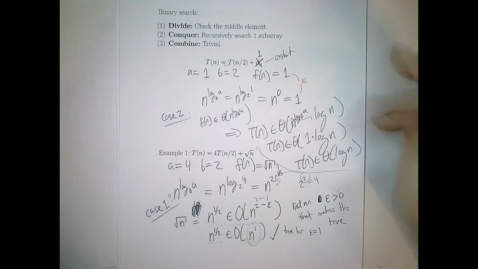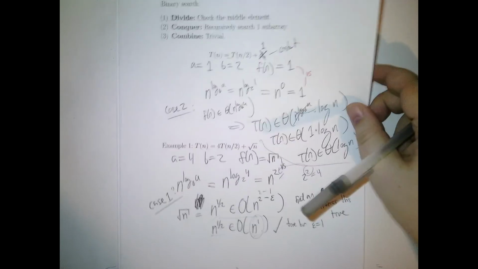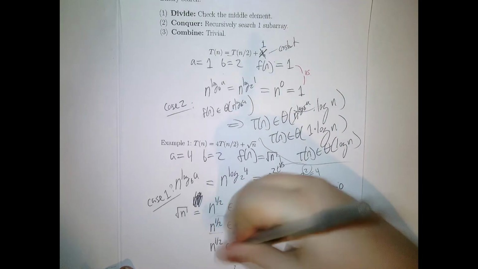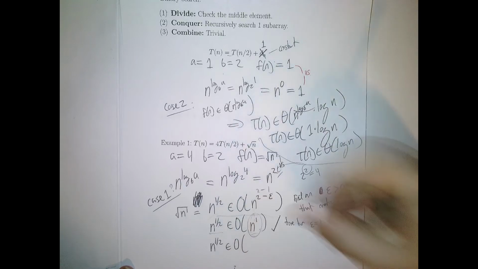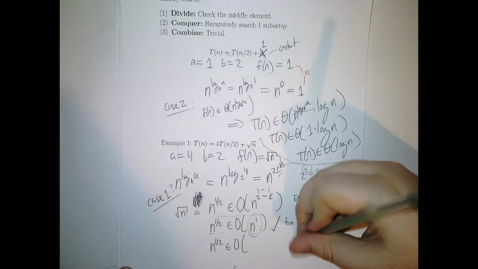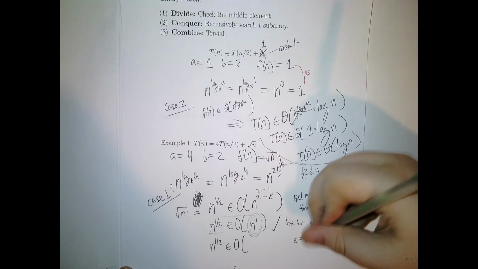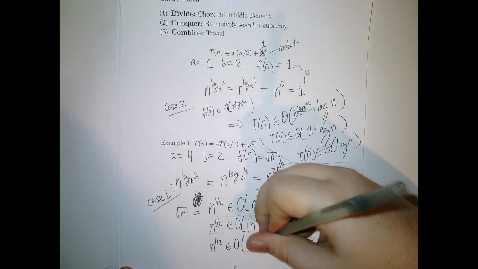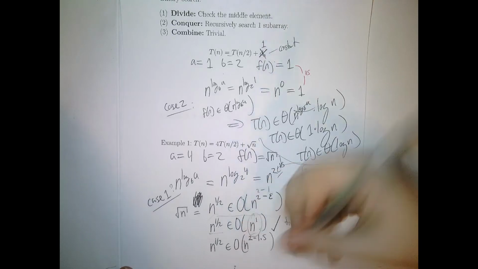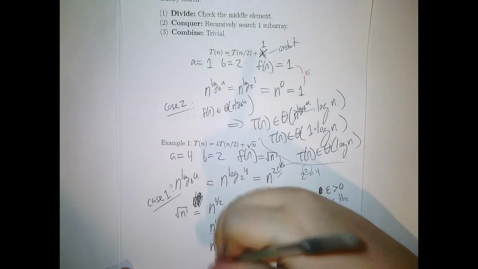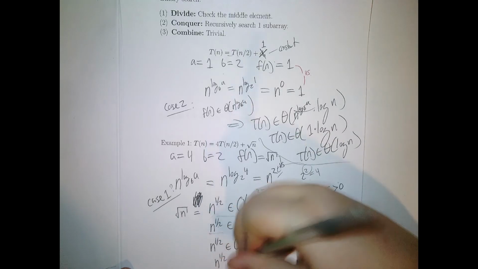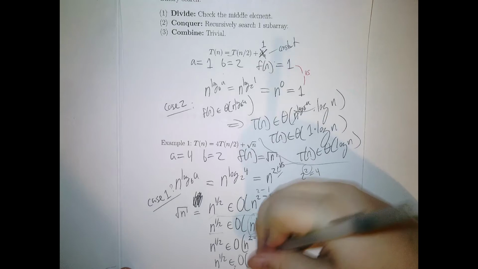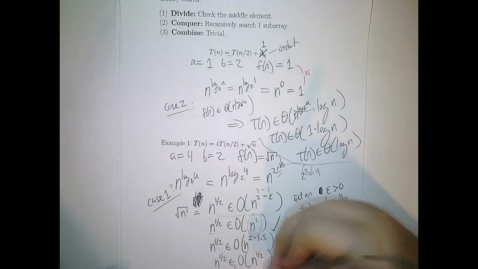But you can make it even easier on yourself. We could just think about choosing epsilon to make it exactly equal. I tend to like to do this because I think it makes it a little bit easier. So in this case, if epsilon was equal to 1.5, then this would be 2 minus 1.5 as our exponent, which would then make this n to the 1/2 is upper bounded by n to the, well, this would be 0.5, which is 1/2, right?